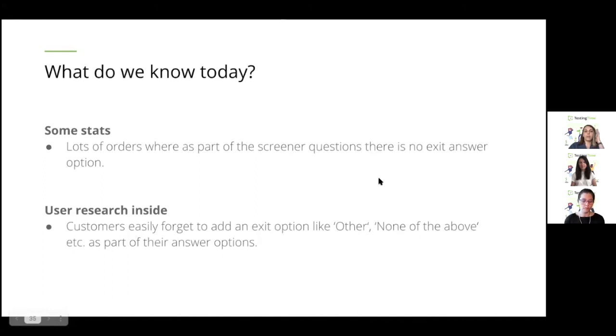From user research, we know that our customers sometimes forget to include that. They're so focused on the other answers they can offer and the rules they need to match that the exit option is forgotten.